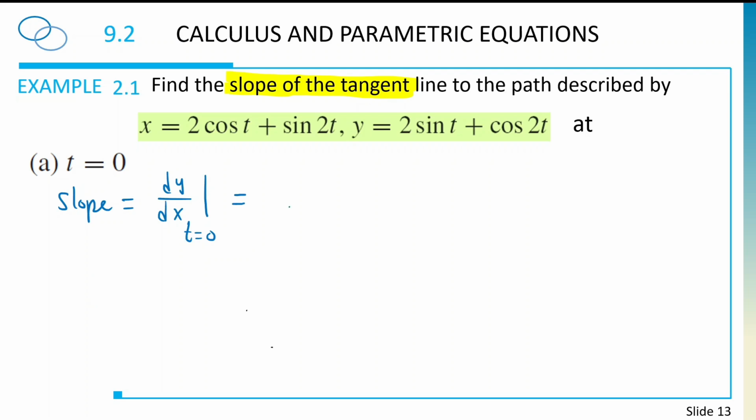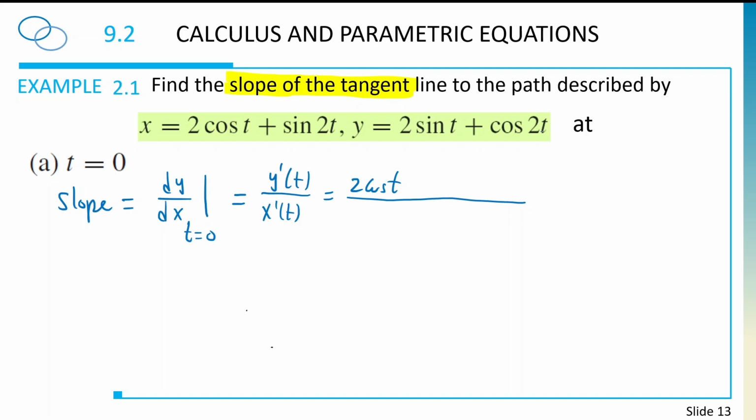Okay, that's fine. I need to find dy over dt. Remember, always the derivative of y in the numerator. I need the derivative y prime of t. Let's write it this way. So I need y prime of t over x prime of t. And this equals, okay, y prime is 2 cosine of t.